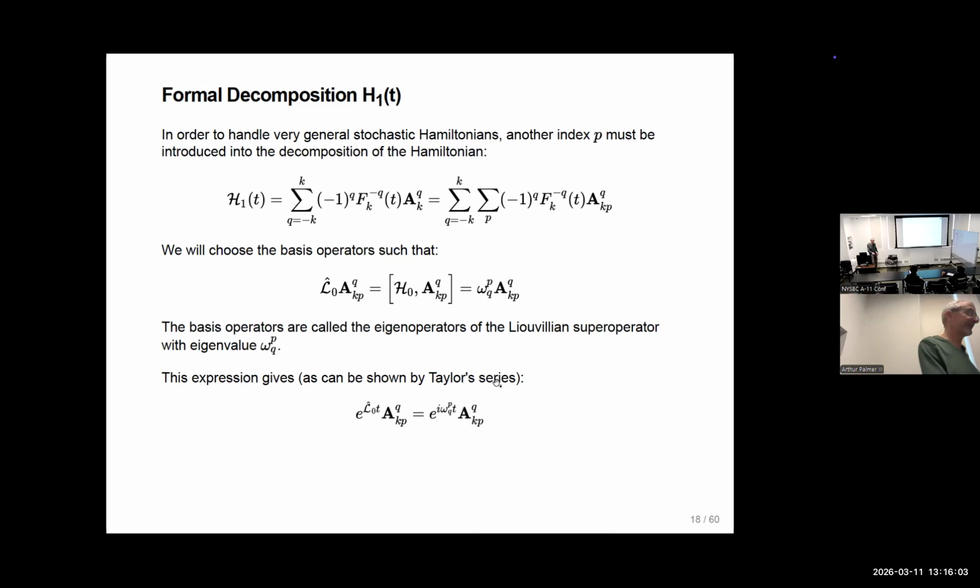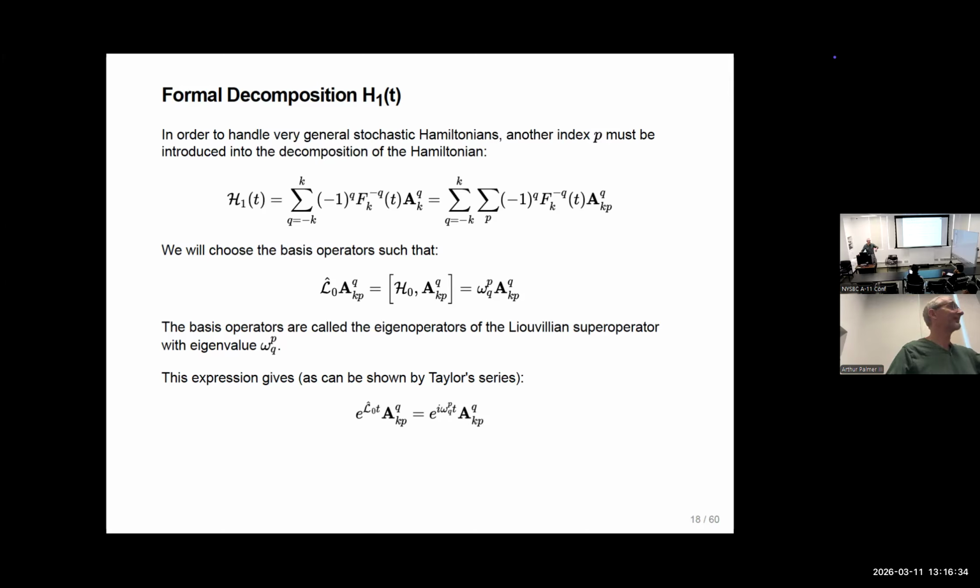For relaxation theory, I also pointed out we have another problem, which is we have to keep track of the difference in operators that have the same coherence order, Q, but have different eigenfrequencies. For example, S plus and I plus both have coherence order of +1, but if they're nitrogen and hydrogen, their frequencies are very different.